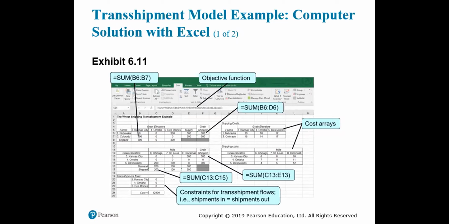So here, because this is a transshipment problem, remember that we are moving the goods from the farms to the grain elevator stations, which are 3. So from 2 farms to what? 3 grain elevator stations. And from the 3 grain elevator stations, we now move the goods to what? The destinations.